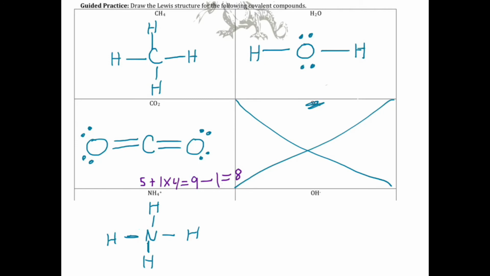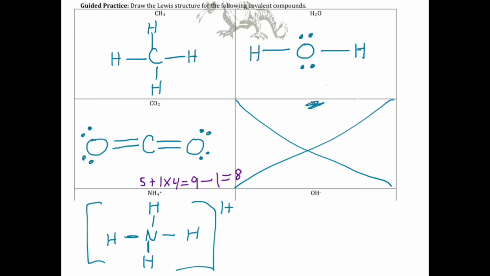So we want to subtract these lone pairs. And there it is, now we got our 8. So we verified, we subtract our lone pairs. The last thing we want to do is put this in a bracket here, and then we will make this a 1 positive.